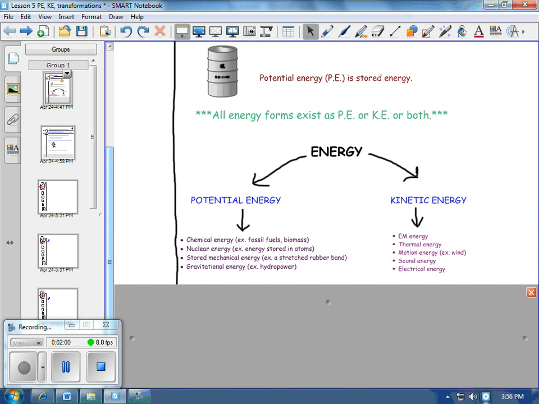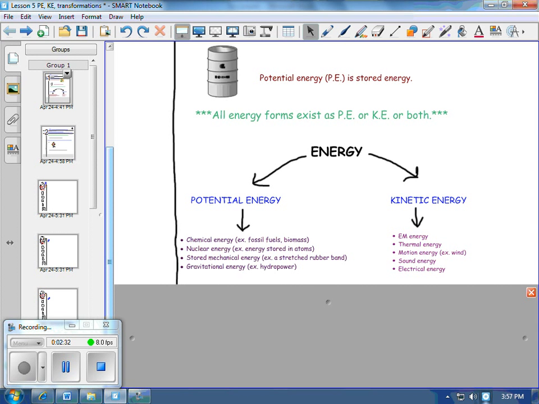Potential energy forms are things such as chemical energy, fossil fuels and biomass, nuclear energy, which is the energy stored in atoms, stored mechanical energy, like a stretched rubber band, and gravitational energy, which is hydropower. Water falls over a waterfall due to gravity, so it's gravitational energy.